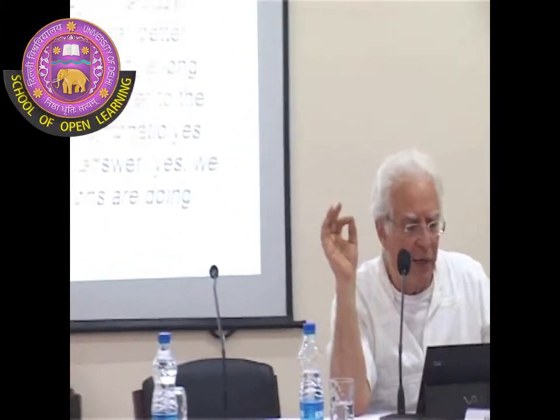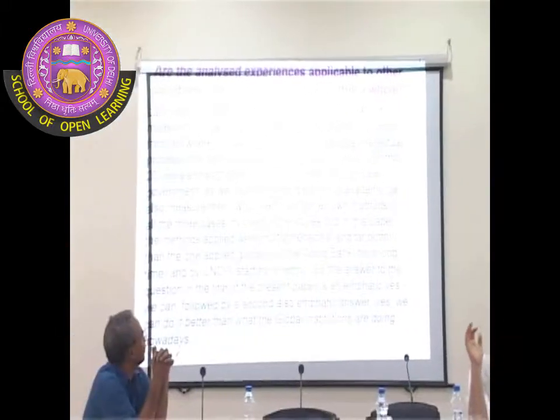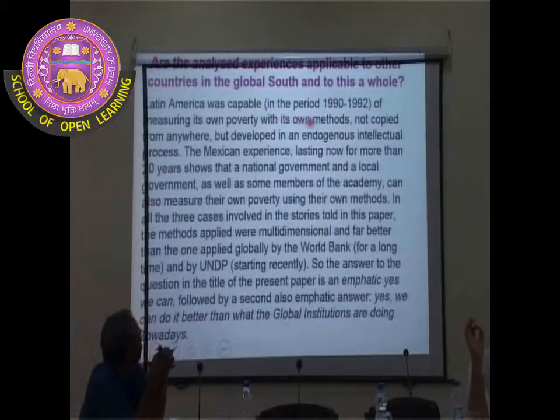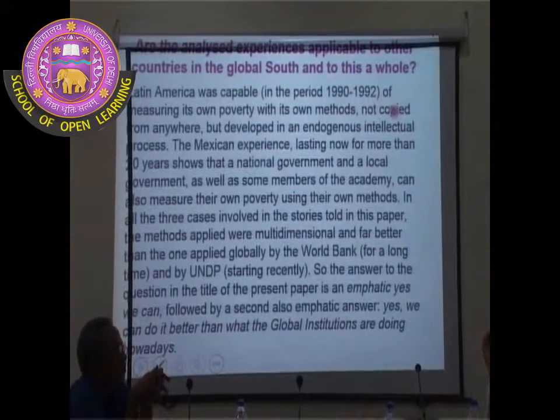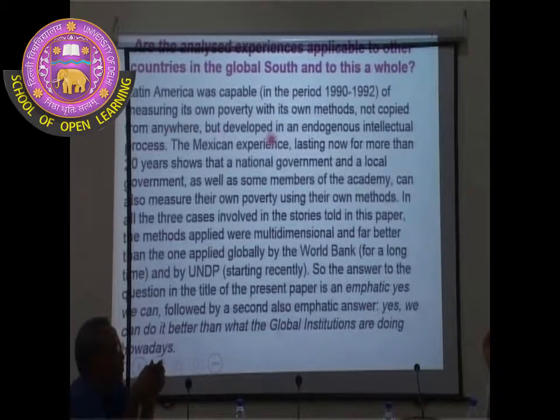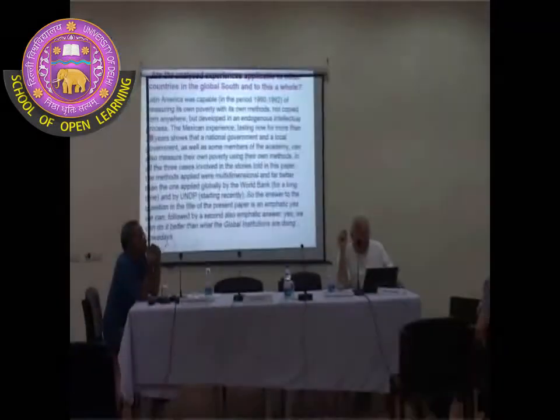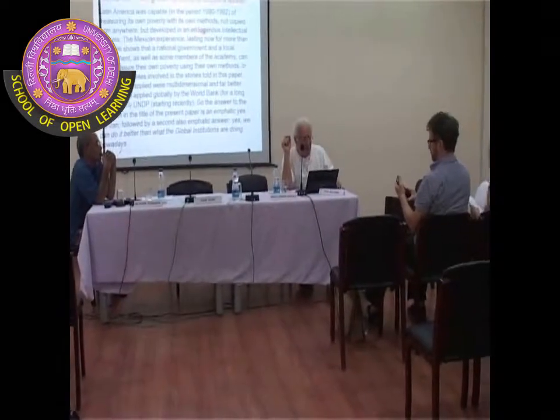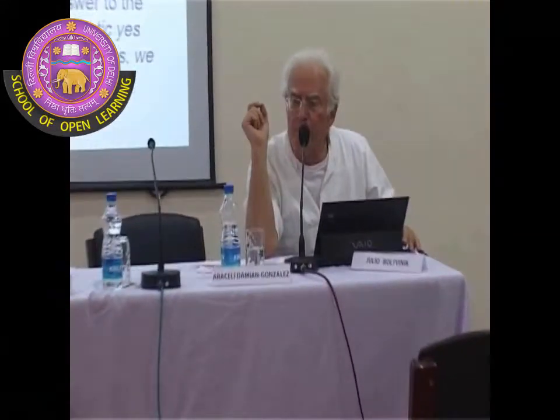Just coming back to the original question: is the analyzed experience applicable to other countries in the global south and to the South as a whole? Latin America was capable in the period 1990-1992 of measuring its own poverty with its own methods, not copied from anywhere, but developed in an endogenous intellectual process.